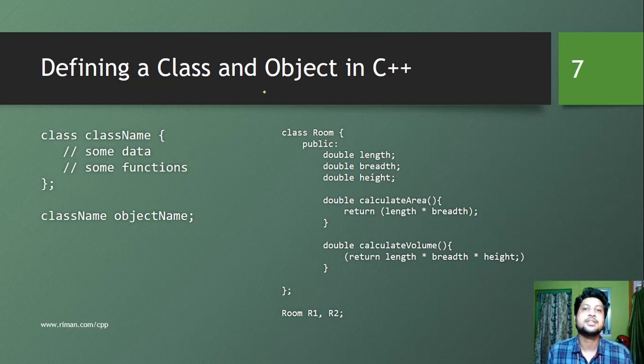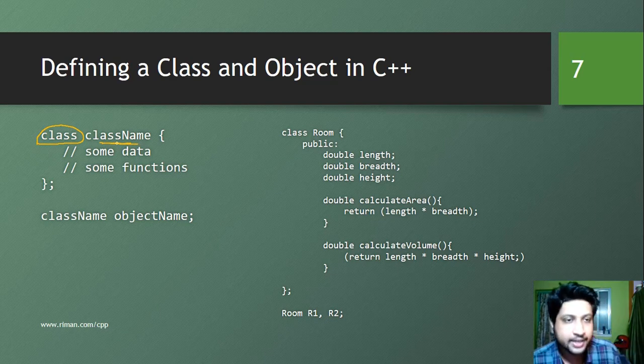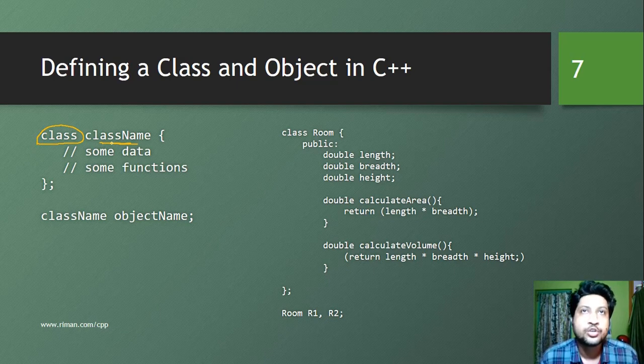So how are classes and objects defined in C++? Let's look at the syntax first. The class keyword is used to define a class. The class keyword is followed by the class name, which is a user defined name, or you can say a user defined identifier, used to represent that particular class.